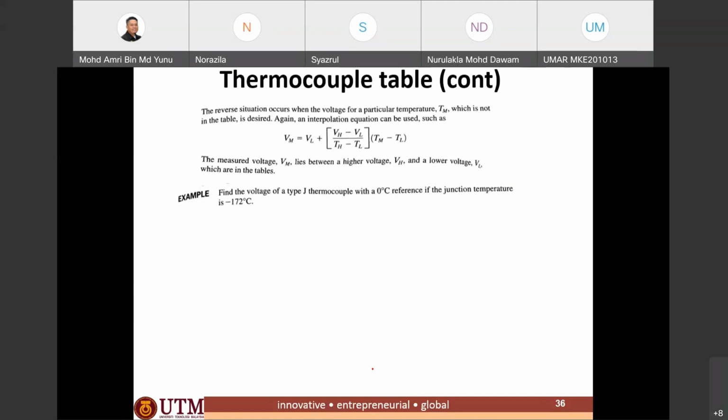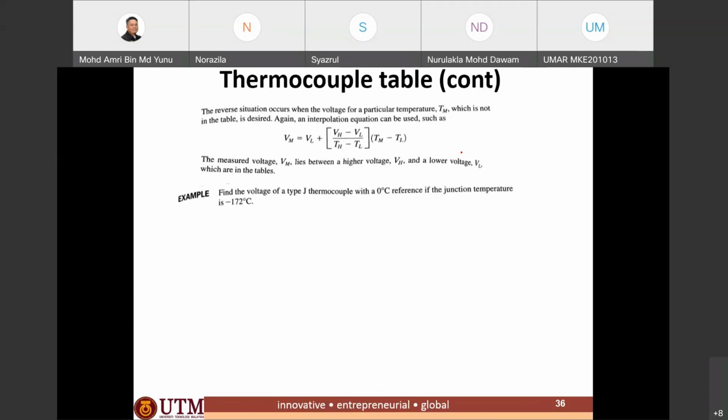And most often the value will not be exactly on the table.